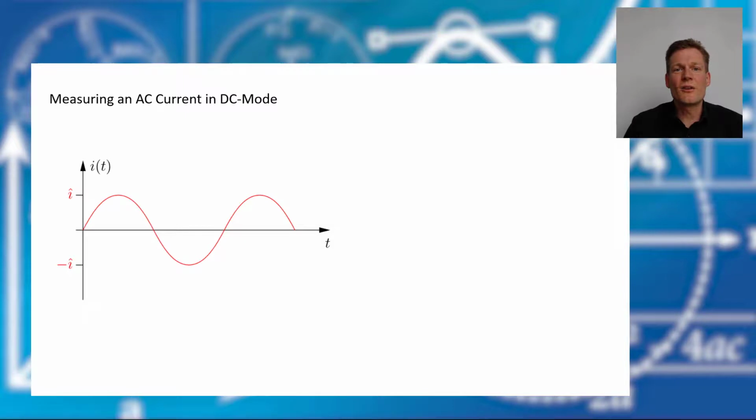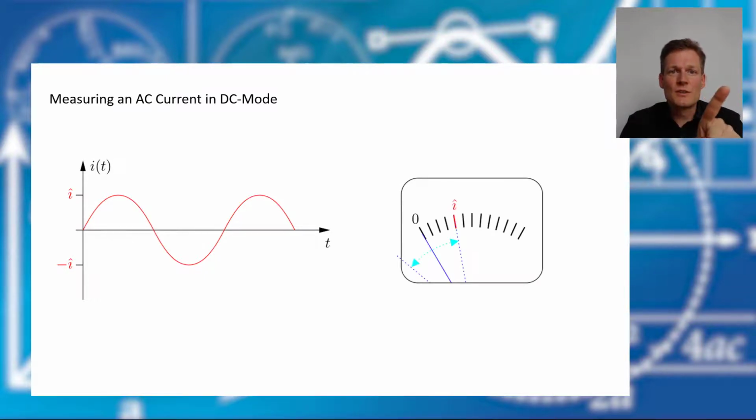What would happen if we now connect a periodic signal to our device? Yeah, the pointer wants to follow the values of the current. That would mean that the pointer goes up to the maximum value of the current, so the amplitude, and then it will go down, and then it wants to go to the negative part, but often it can't because there's a border of the device, and after that it wants to go up again and back and so on, and the pointer is too slow.